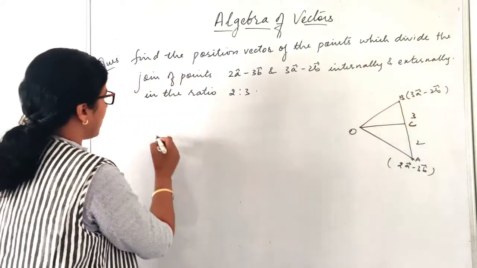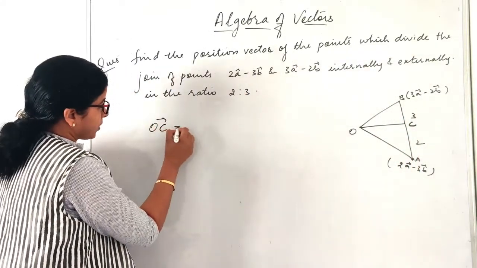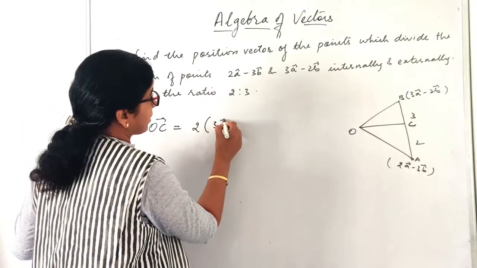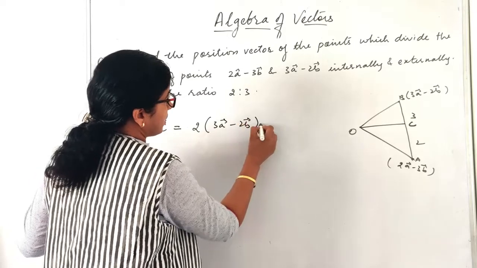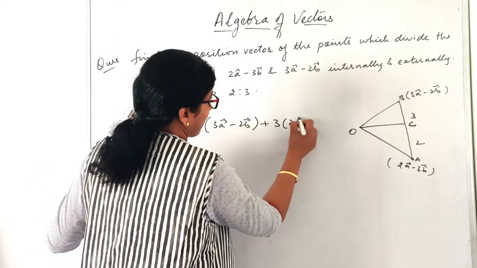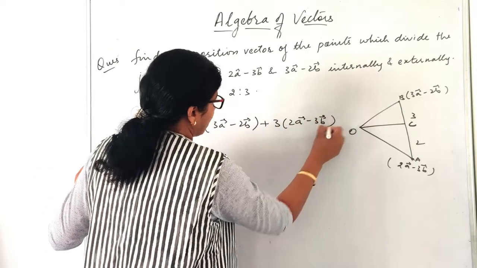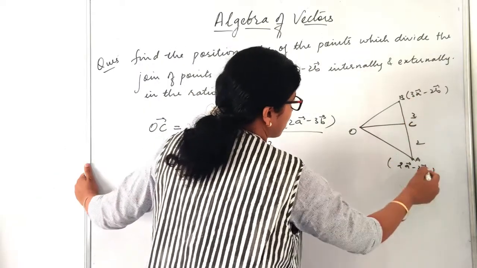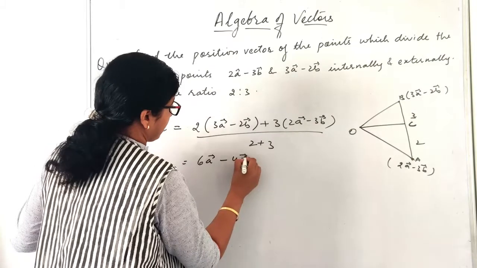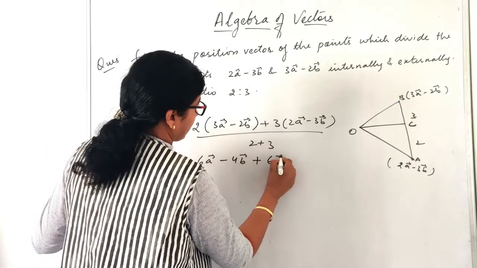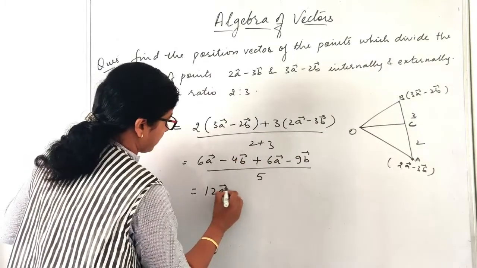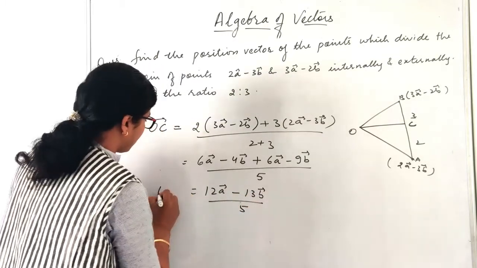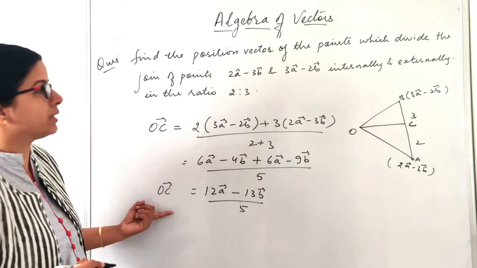So what will be my OC vector? OC vector will be equal to 2 into 3a vector minus 2b vector plus 3 into 2a vector minus 3b vector upon 2 plus 3. 2 into this, 3 into this. So this is the position vector of C.